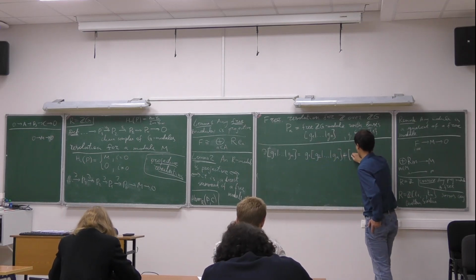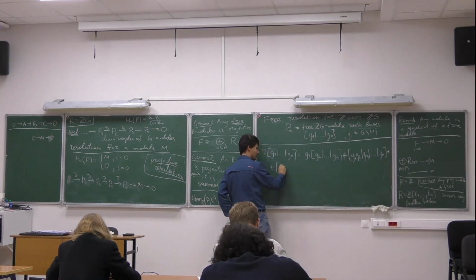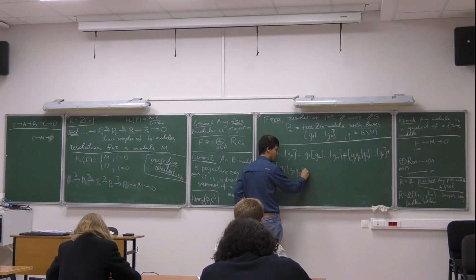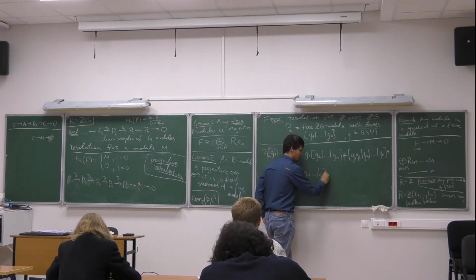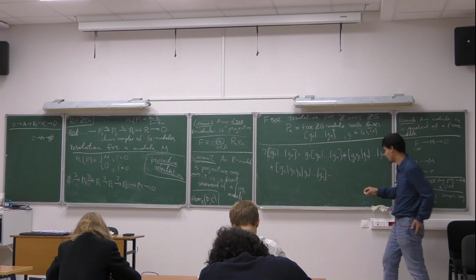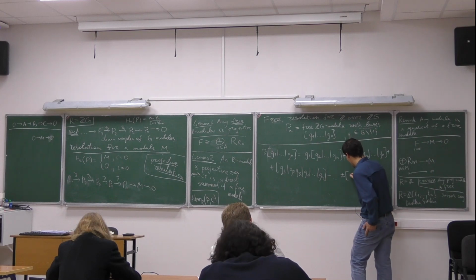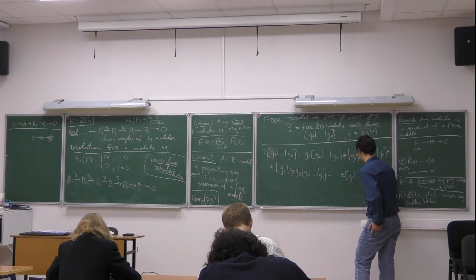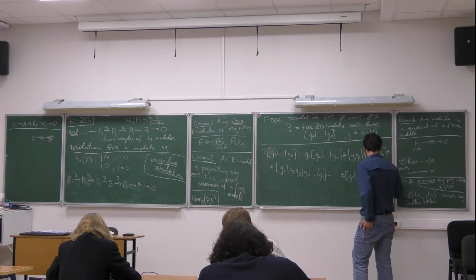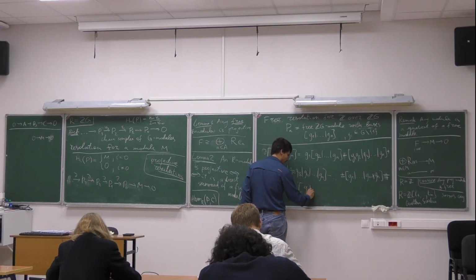Minus [G1, G2, G3, ..., Gn], plus, etc. The signs alternate, and the last two are as follows: [G1, ...], where the last two are multiplied, and on the other side, where the last one is just removed.